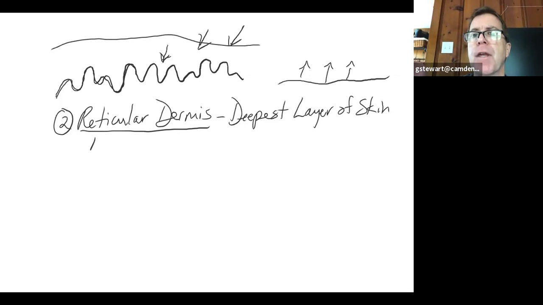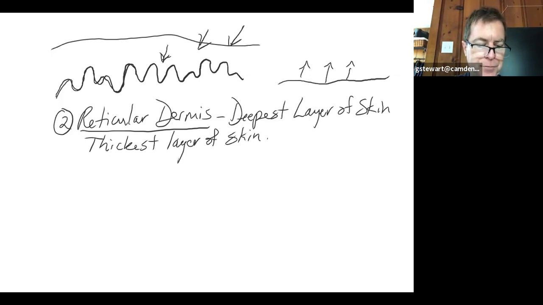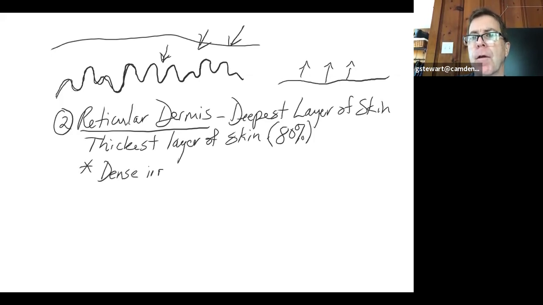It's also the thickest layer of the skin. It's about 80% of the skin's thickness. This is the type of tissue it is. It's dense, irregular, connective tissue.